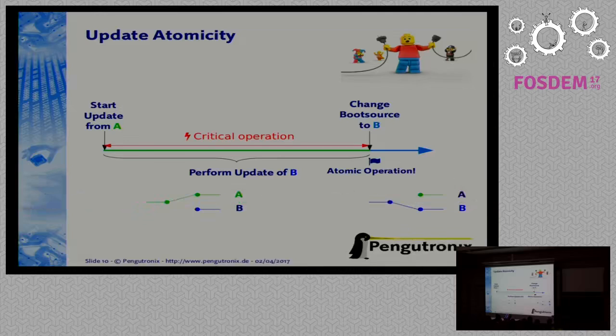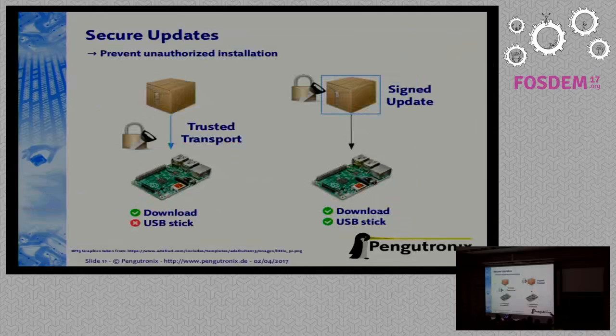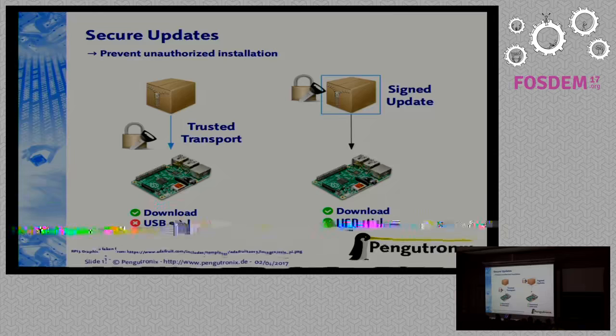And you also want security. You don't want someone unauthorized to be able to update your system. There are two basic ways to achieve this. The first is to use a trusted transport, like in web cases, for example, SSL, HTTPS. Then it does not matter really if you trust the update itself. You know it comes from a trusted source.